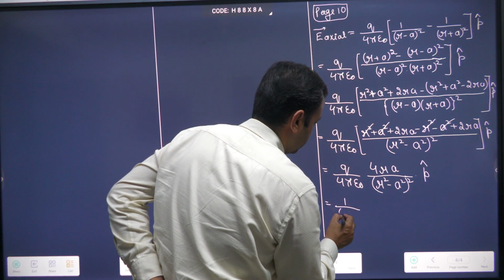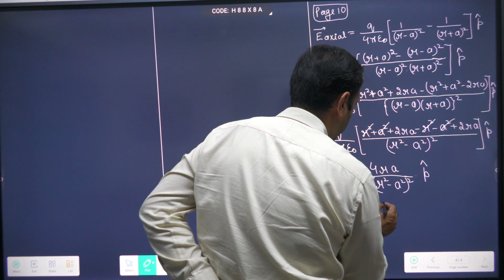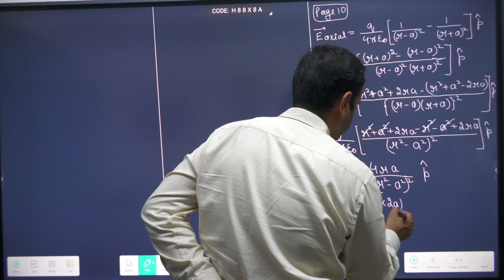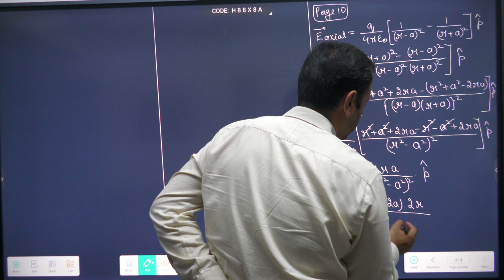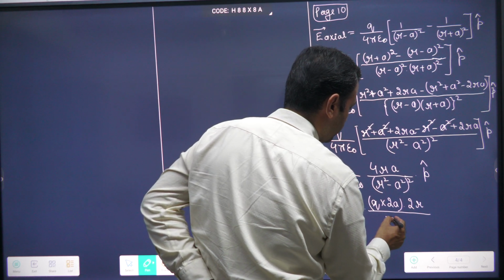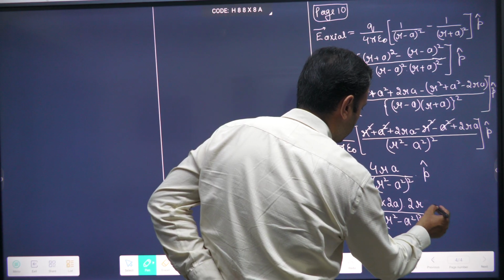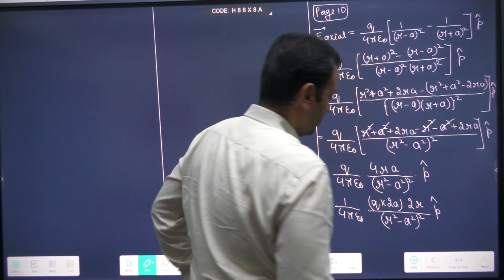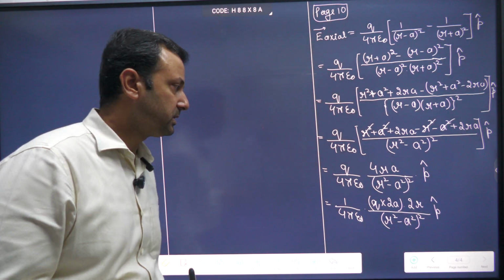So we can write it like this also: 1 upon 4 pi epsilon naught, q into 2a into 2r. Understand it? 2a into 2r is 4ra. So q into 2a into 2r upon r square minus a square's whole square p cap. What is q into 2a? Q into 2a is dipole moment. It is p.